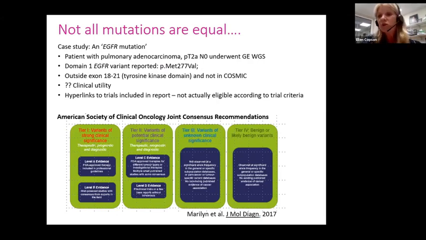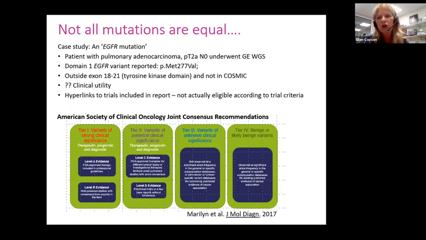The situation we came up against in 100,000 Genomes was a lung cancer case where an EGFR mutation was flagged up to us as an actionable mutation. But when we looked at it in detail, it was outside exons 18 to 21, which is the tyrosine kinase domain.